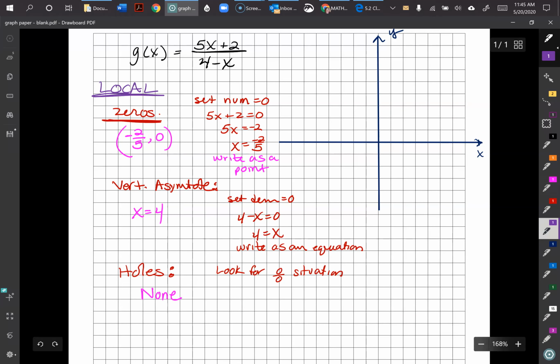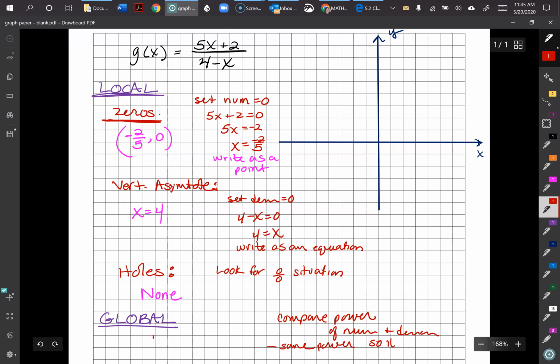Okay, so we want to make sure we write that. Global. So we have to compare powers of the top, numerator, and denominator. We have the same power on this one.